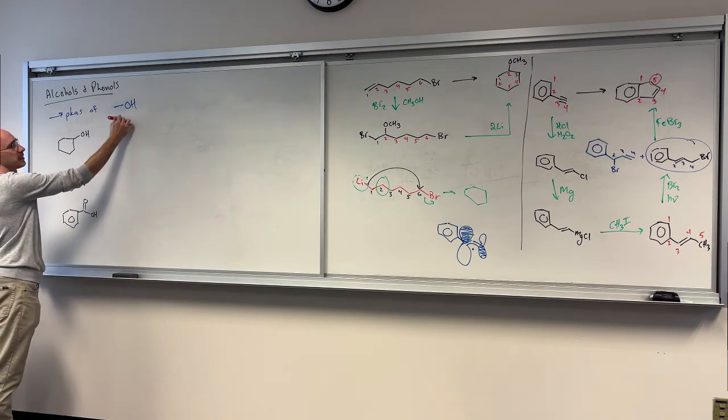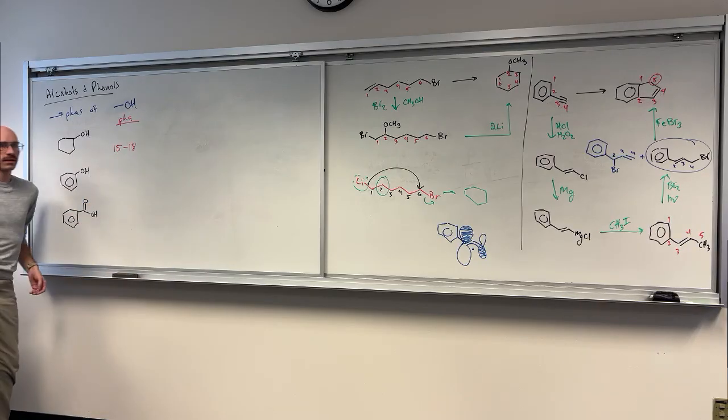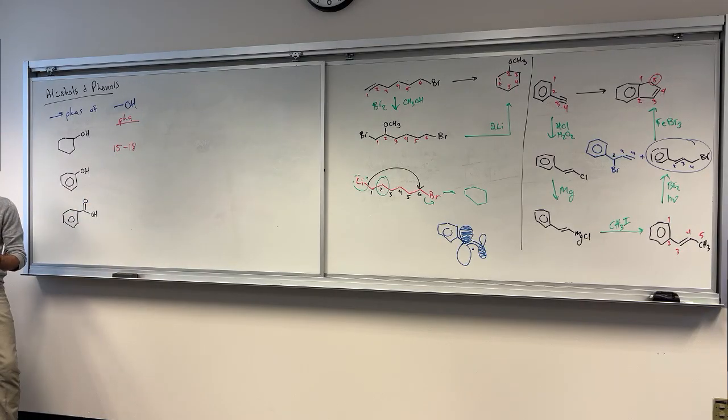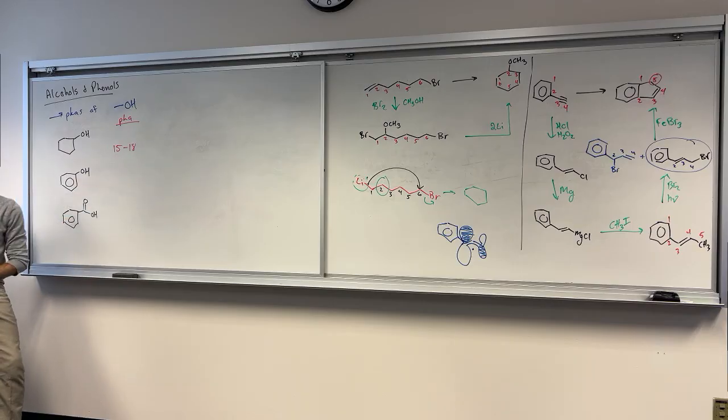This typically has a pKa that ranges from 15 to 18, depending on the nature of the alcohol. By the way, you know pKa is a logarithmic scale, so that's a range of like 1,000. 15 to 16 is times 10, 16 to 17 is 100, 15 to 18 is 1,000. So there are some alcohols that are 1,000 times more acidic than another alcohol.